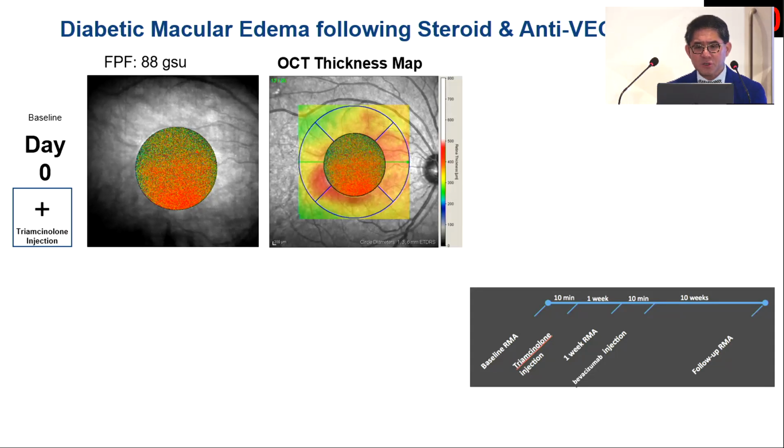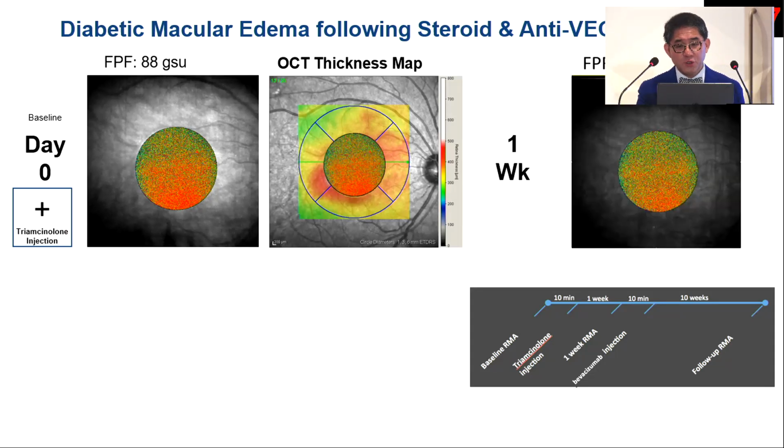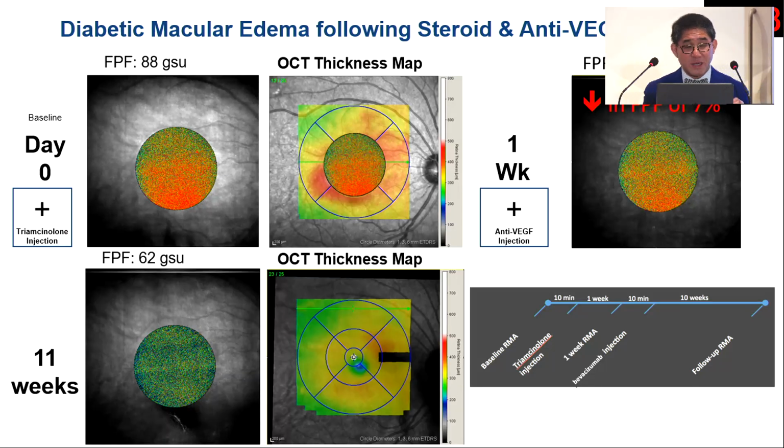Within 1 week or so, you would see a reduction in the FPF of about 7%, from about 88 at the beginning to about 82 a week later. Because different clinicians follow patients differently, at this point we decided to add anti-VEGF, any particular type that you like, and followed the patient for about 3 months. Here, you can see that the FPF is now reduced by about 24%.